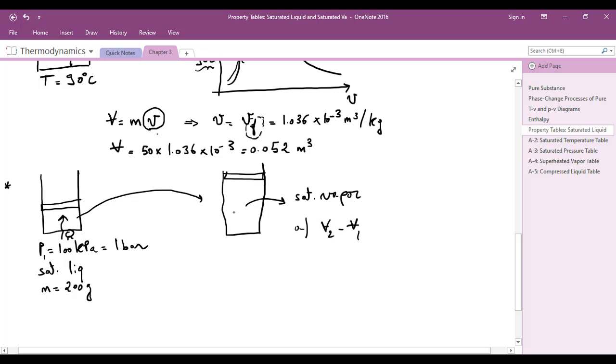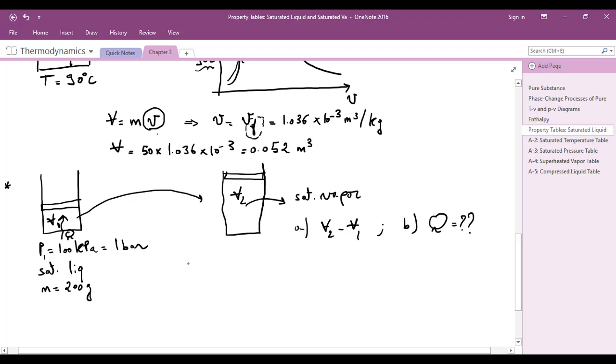When heating occurs, the piston will expand and reach a volume 2 that is higher than volume 1. We also need to calculate the total amount of heat input for this phase change to occur.